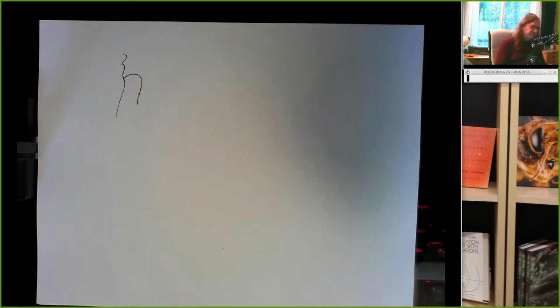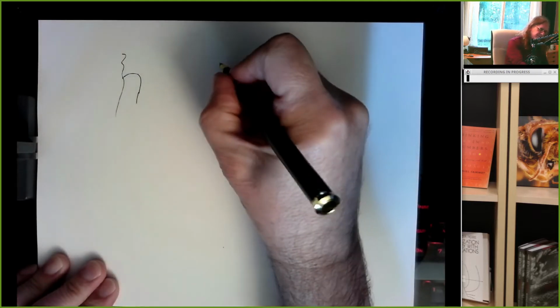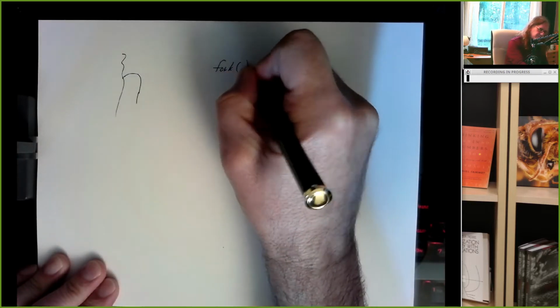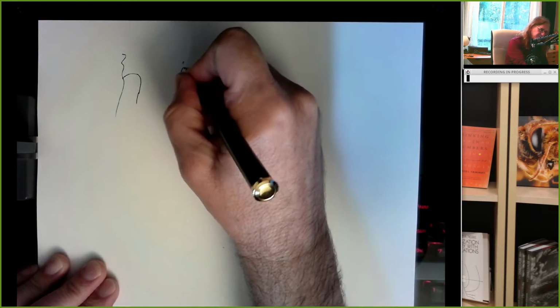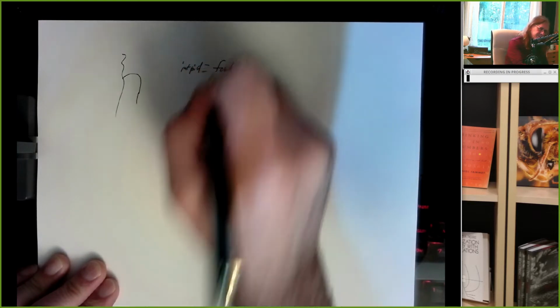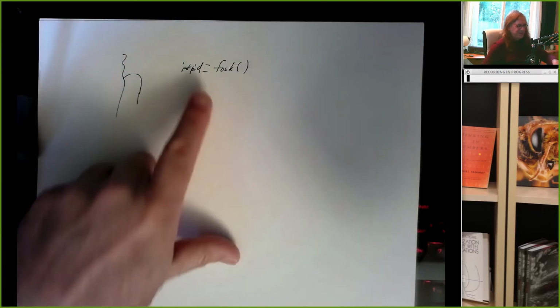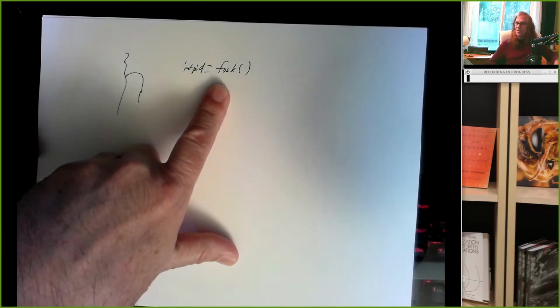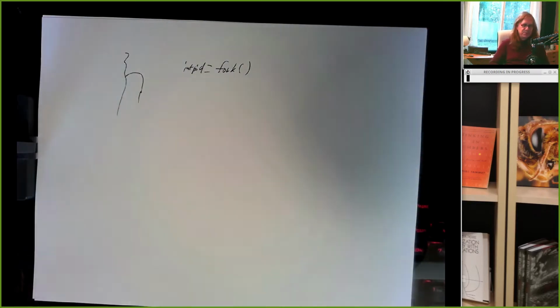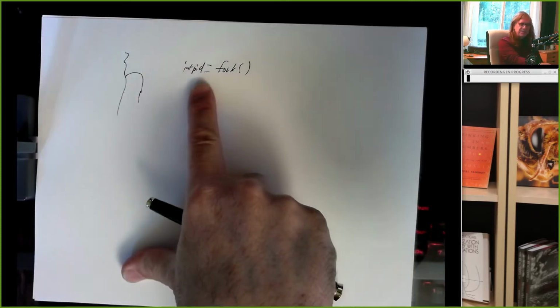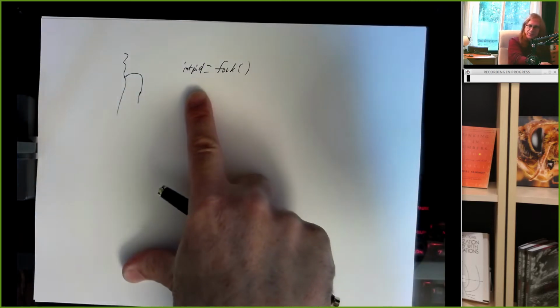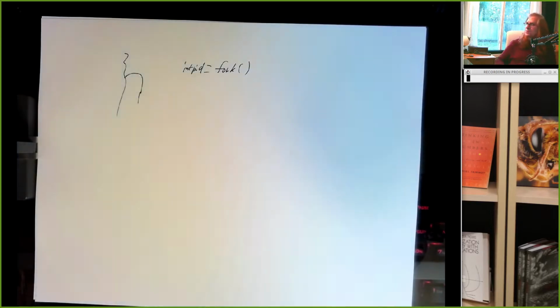When you make this call to fork, it returns an integer. The value of that return will be different in the original process versus the cloned process. In the original process, this will be non-zero. In the newly created cloned process, this will be 0.